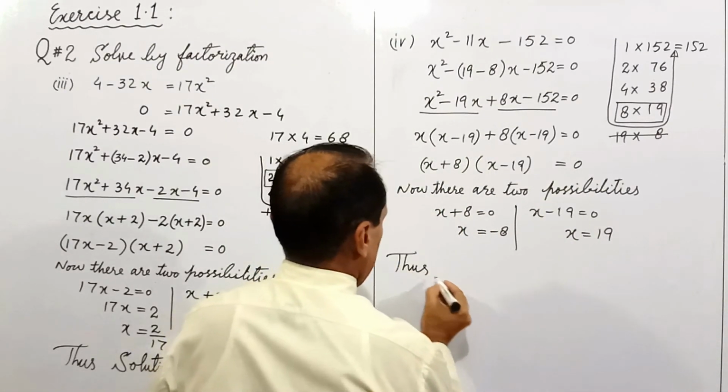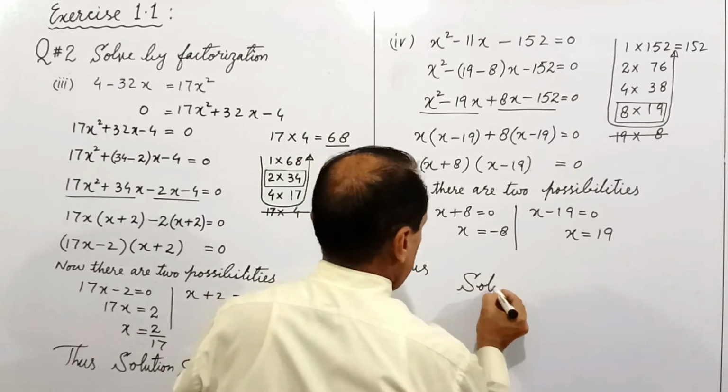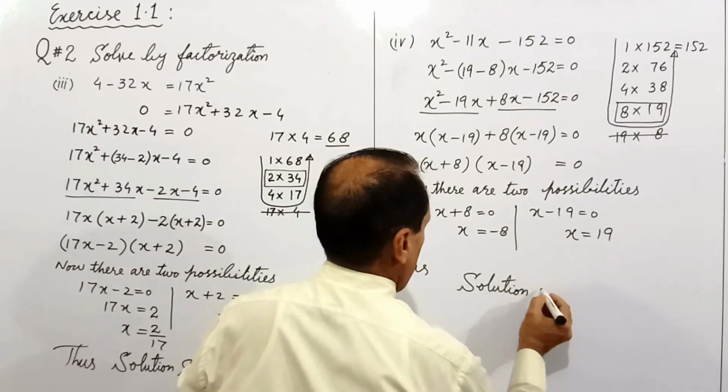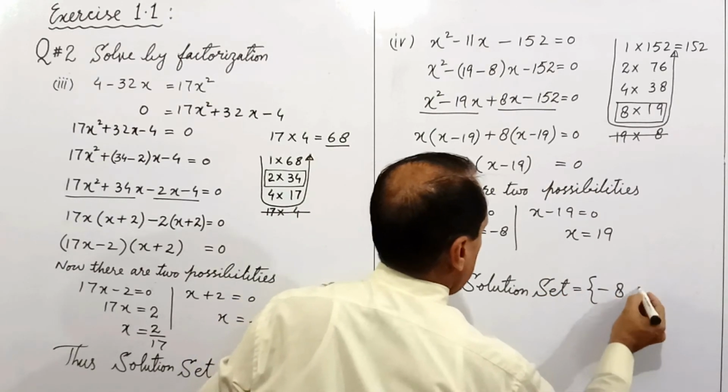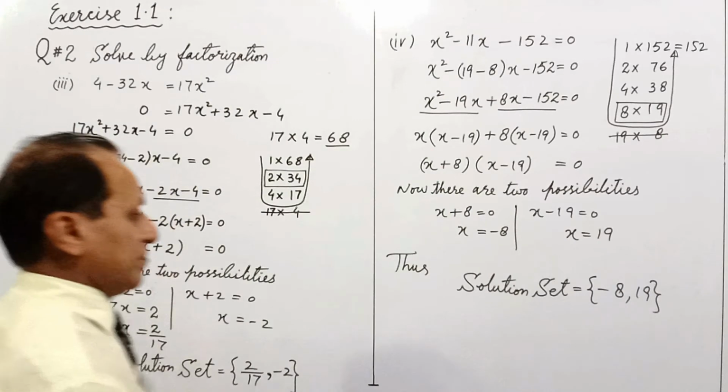Thus the solution set will be equal to {−8, 19}.